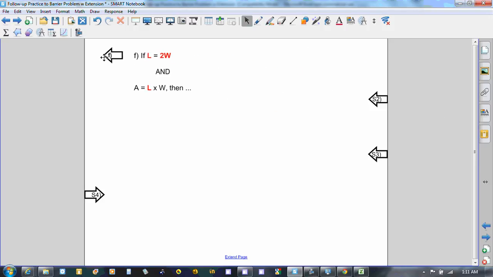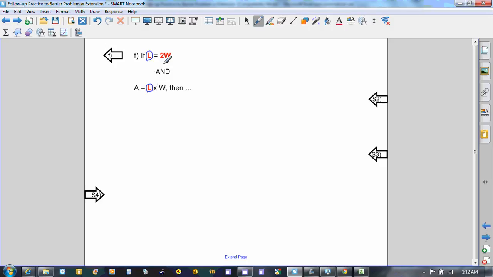So if the length is twice the width and the area is length times width, then have a look at what we can do. Notice what's been highlighted here. We see the length here. We also see it here.